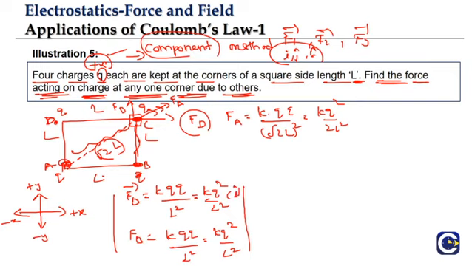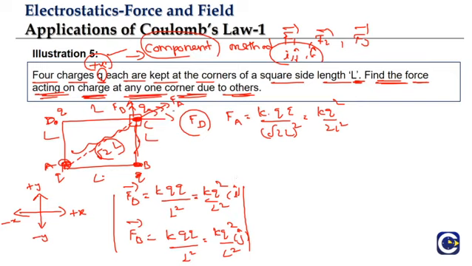And similarly, the force because of the charge at corner B is in the positive y axis, so it can be kq square by L square into j cap. These two are easy because they are either along the x-axis or along the y-axis.